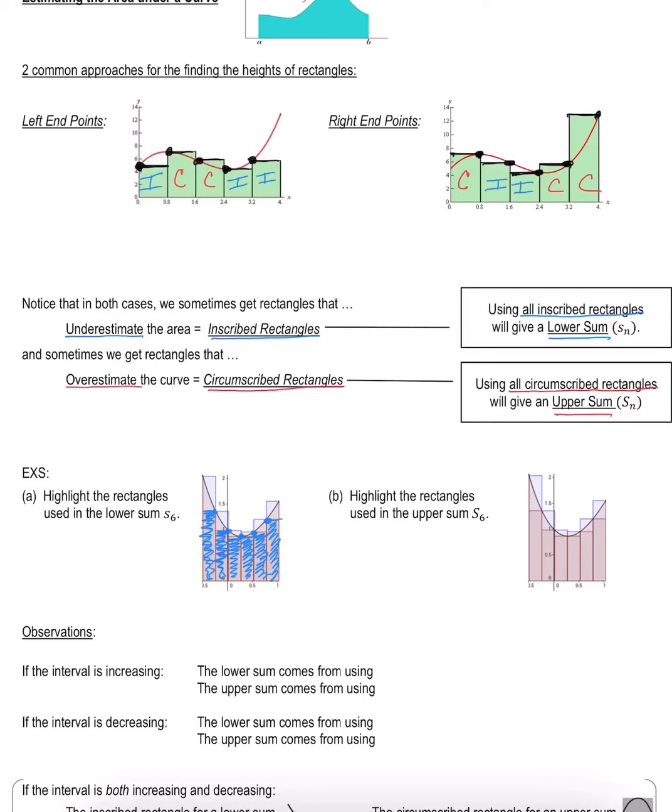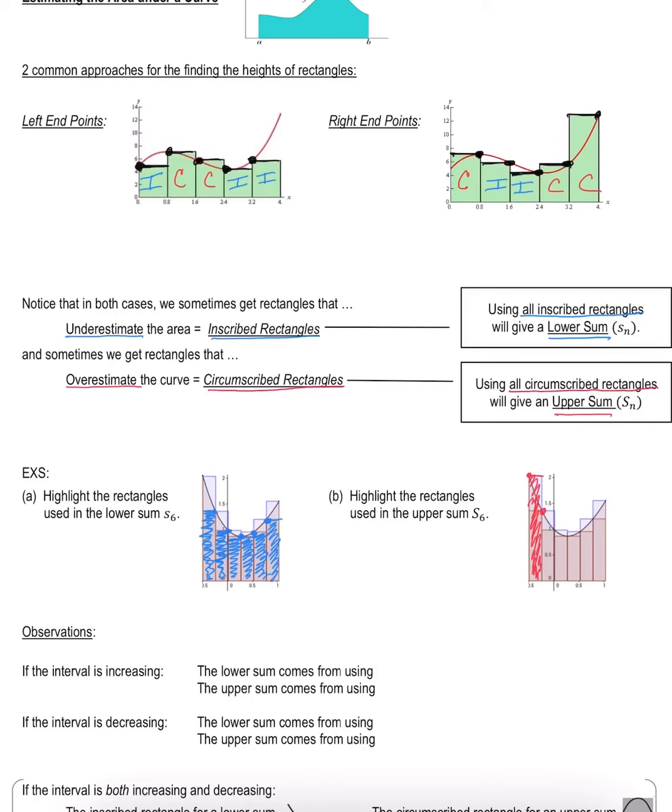Now let's also look at part B, and let's highlight the rectangles that give us an upper sum. The upper sum is the one that's supposed to give us too much area. So in the first rectangle, it is the left endpoint that would be giving us an overestimate on that area.